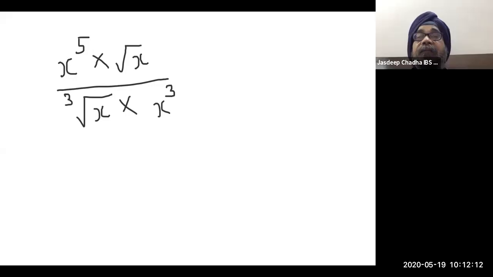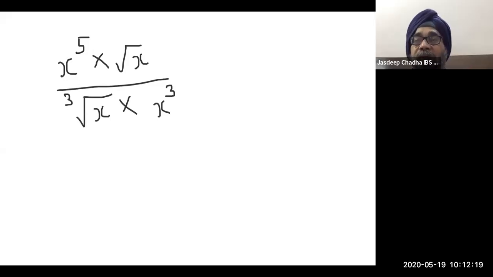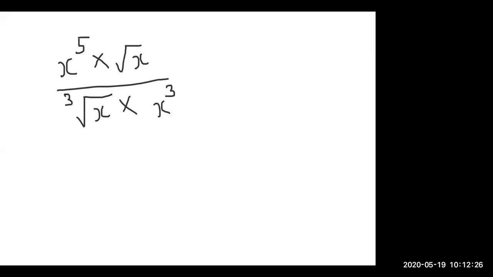Everybody can read this? Yes, sir. Give us 2 minutes, sir, to solve this. Let me do this one for you. Next one you can try on your own, because some of you may not understand it.